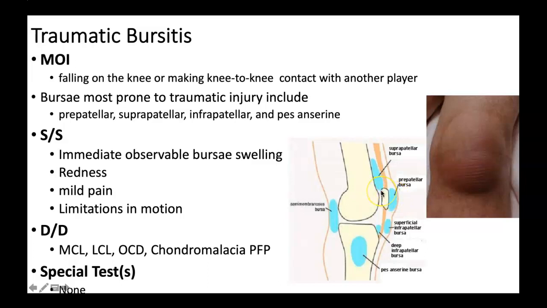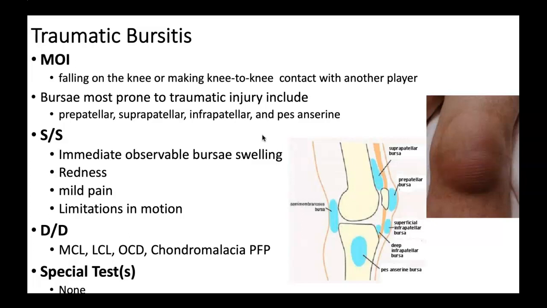Now, the mechanism of injury for most of these bursae, I'm going to say most of the bursa on the anterior aspect of the knee, is falling on a flexed knee and falling directly onto that actual patella, or it could certainly be knee-to-knee contact, right? So if I bump knees with another person, but most often in the clinical setting, it's going to be patients who are falling on their knees a lot. And I can think of one sport right now that does that.